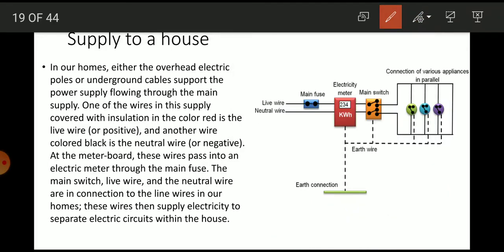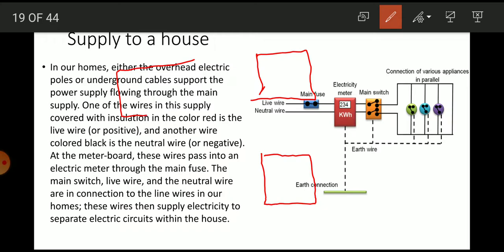Now, if you have three rooms, I will draw my own circuit to make you understand. These are different rooms. Here is your electric supply switch. Two supply wires are given to your electric meter. So to your homes, two supply wires are supplied in different ways.